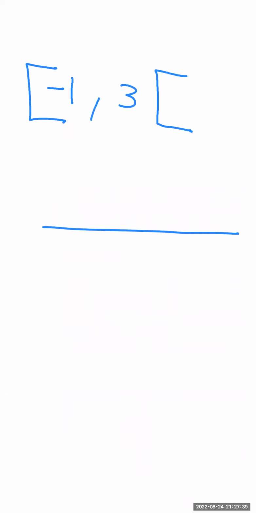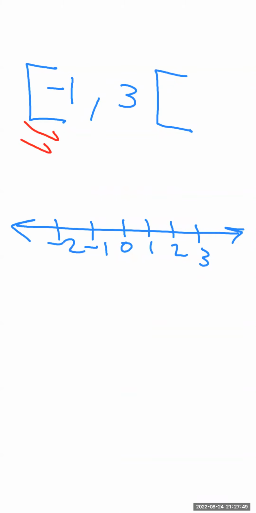If the interval is closed from this side and open from this side, -1 and 3, simply on the number line, 0, 1, 2, 3, -1, -2. So now, -1 is closed from this side, so simply -1 is included in the interval.